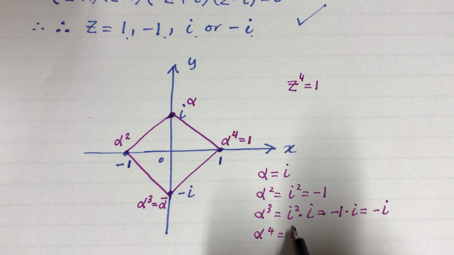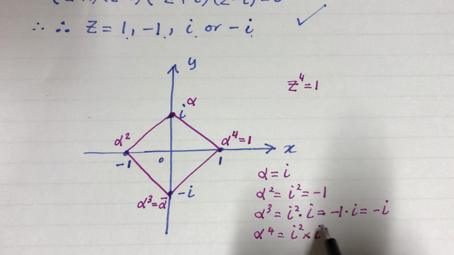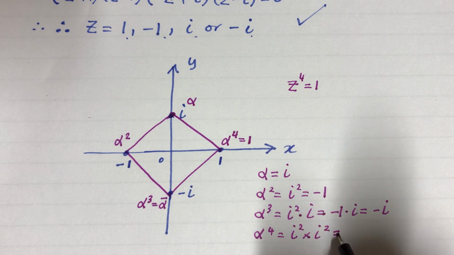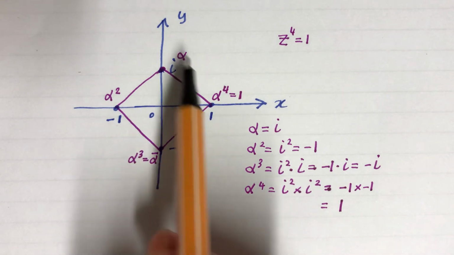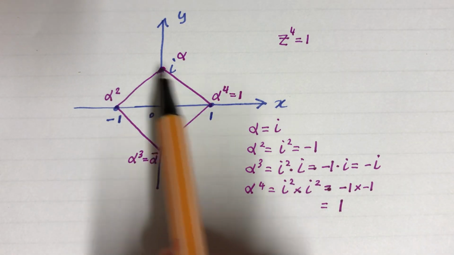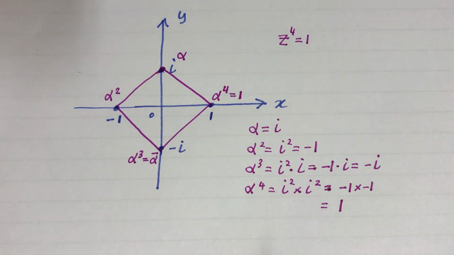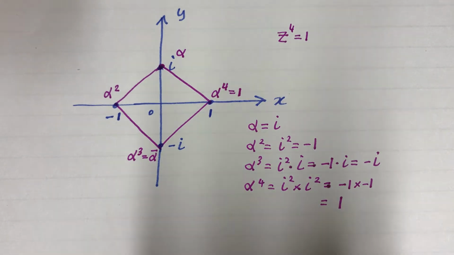Alpha to the 4 equals minus 1 times minus 1, which equals 1. So the roots are all on the plane. Okay, so that's it.